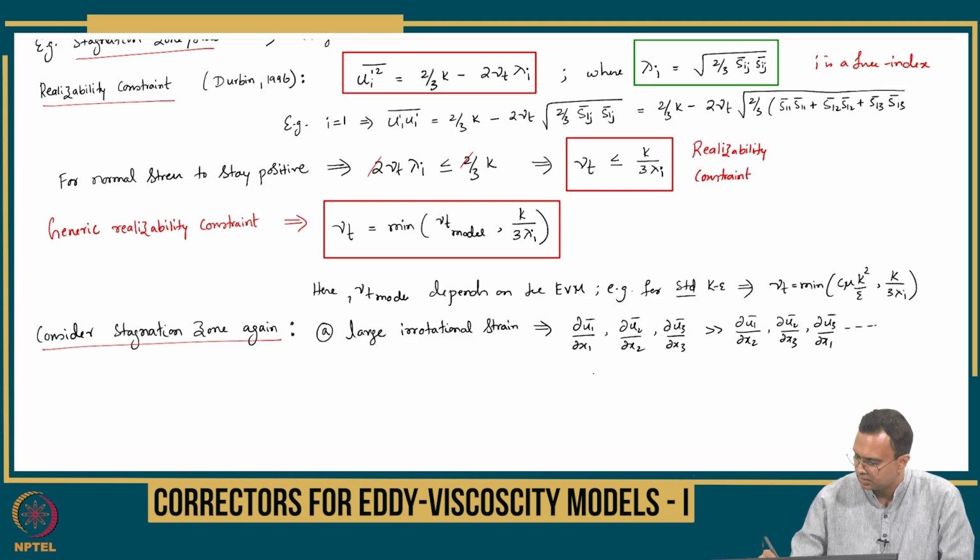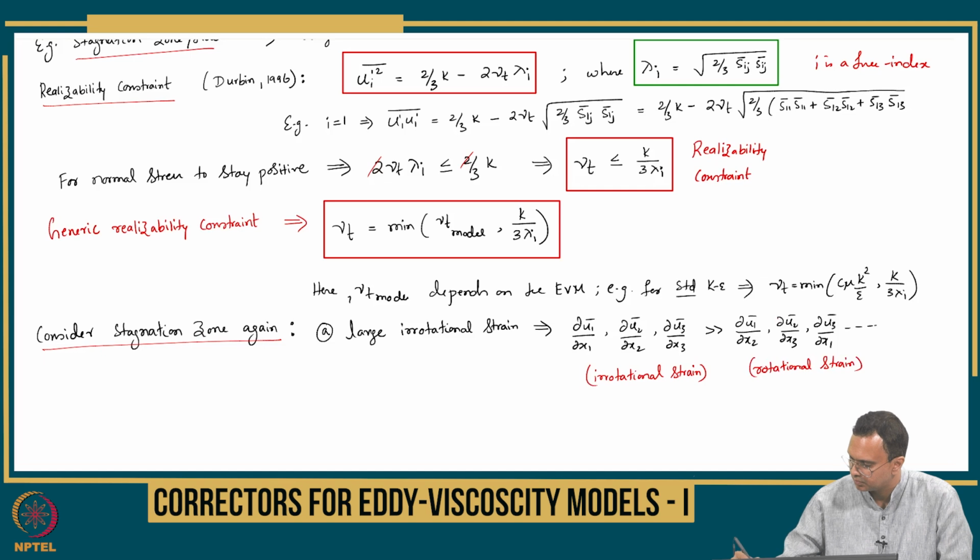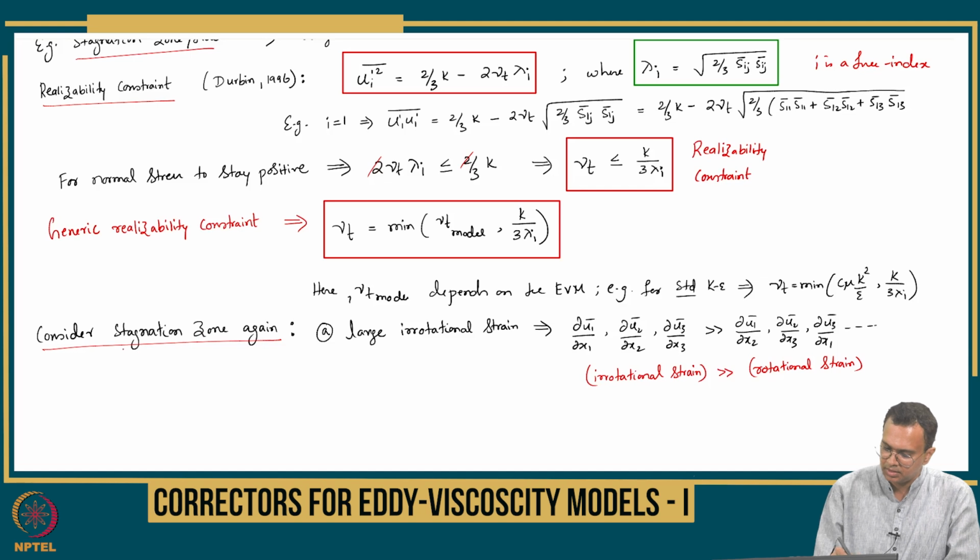So irrotational strain or volumetric strain, and this is the rotational strain. Okay. So your irrotational strains are much larger than rotational strain in the stagnation zone.